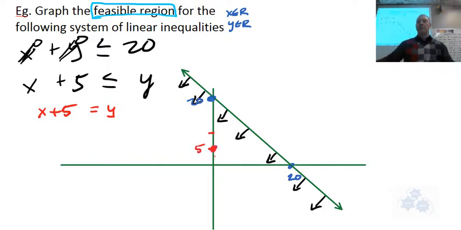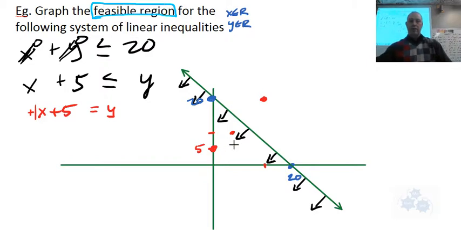There's 5. And the slope is positive 1. So that means I'm going to go up 1 and over 1, or up 15 and over 15. That make sense? So if that's about 15, let's put that point over there. Up 15 over 15, up 5 over 5, right? All that. So another line here.